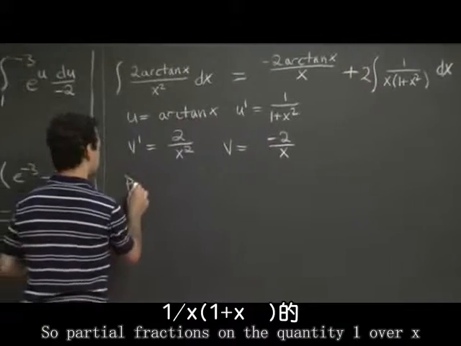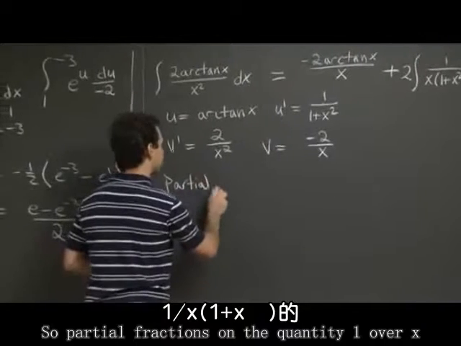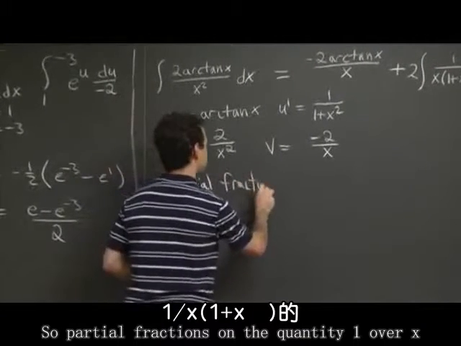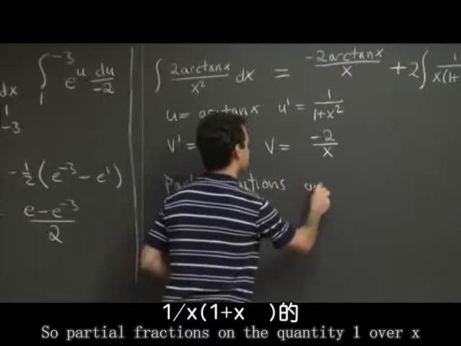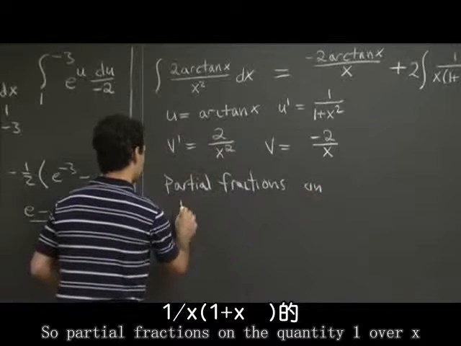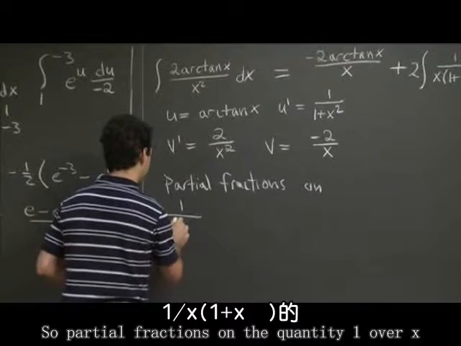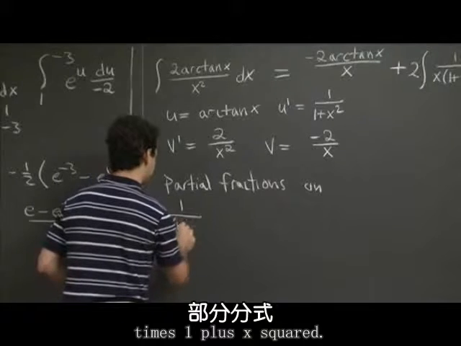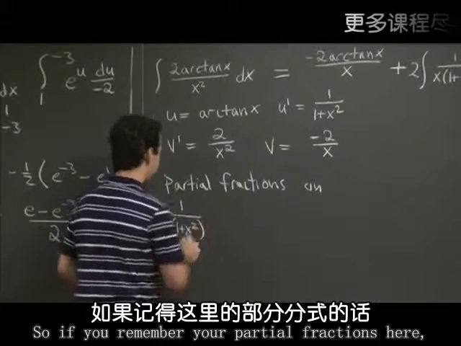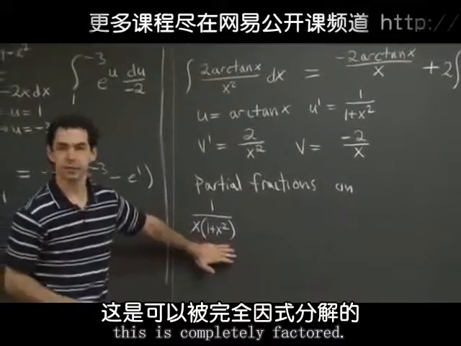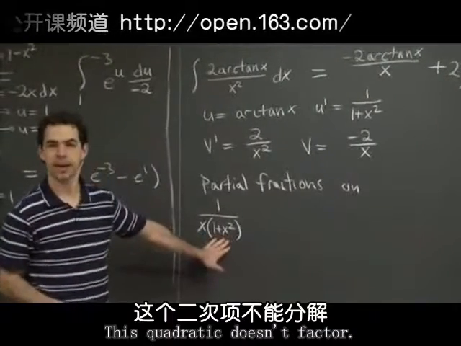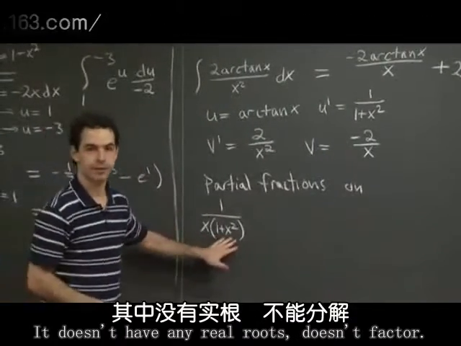So partial fractions on the quantity 1 over x times 1 plus x squared. So if you remember your partial fractions here, this is completely factored. This quadratic doesn't factor. It doesn't have any real roots.